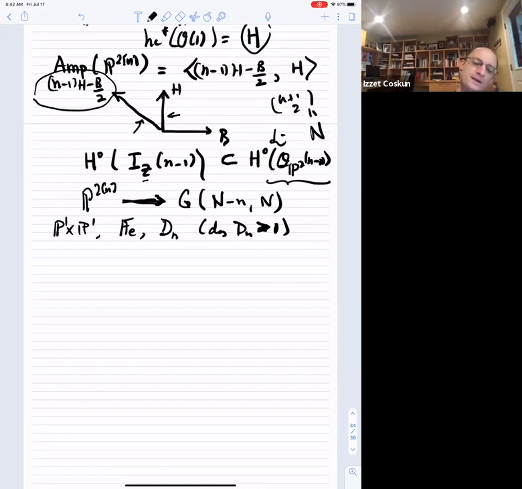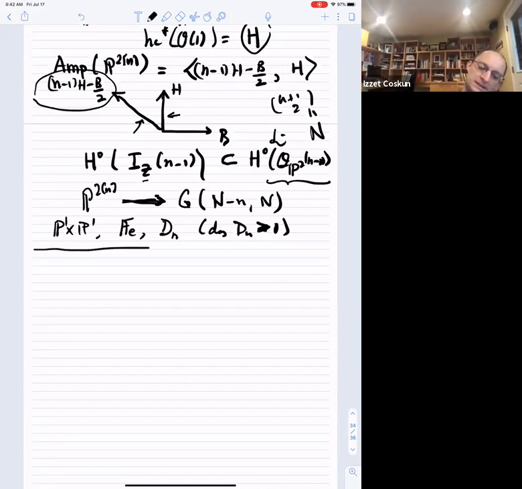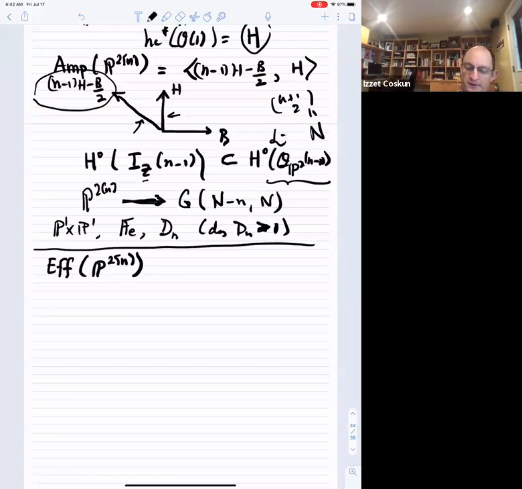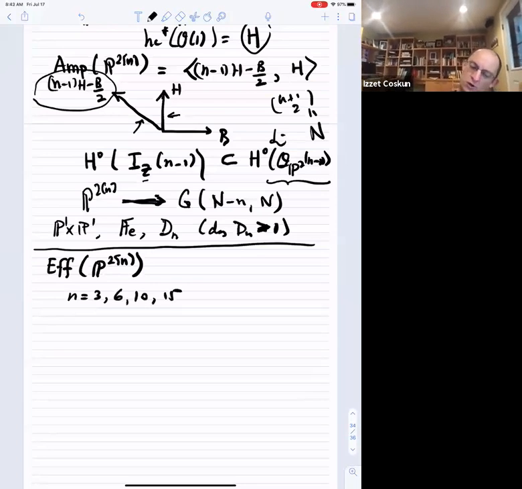Okay. And now what we were discussing was the effective cone of the Hilbert scheme of points, right? And let me also briefly remind you what we did. We first looked at the cases n equals 3, 6, 10, 15, and so on and so forth. And what we saw was the extremal effective divisor.